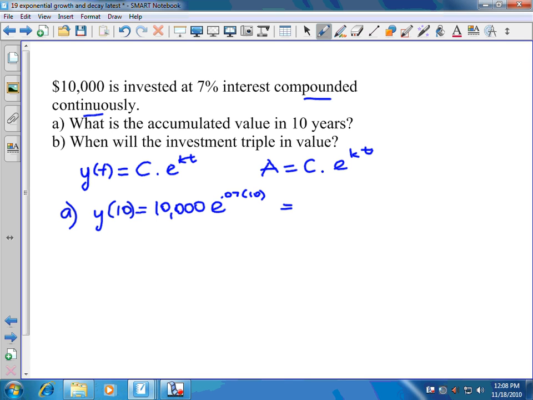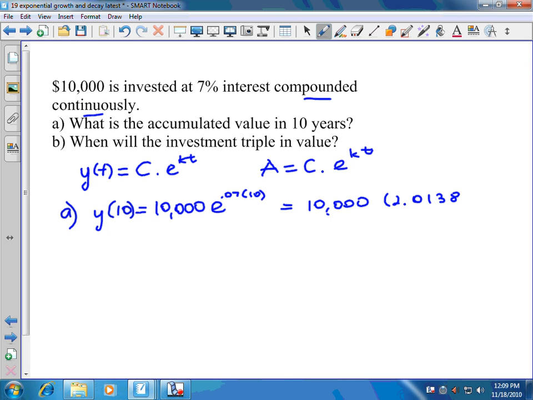So let's evaluate this. 10,000 times, let's enter this into the calculator. So I need to have second ln, second natural log usually gives e to the power key, then you enter 0.07 times 10. Close your parentheses and press enter. You get 2.0138 roughly.